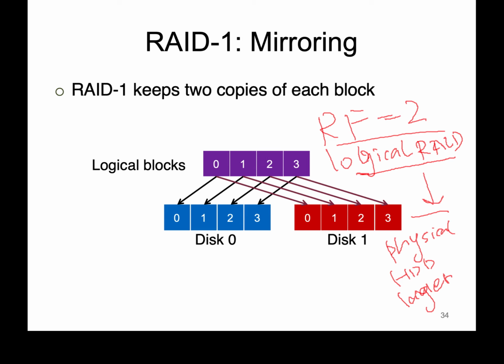Here this physical hard disk drive layer spans 2 disks. So the same amount of data gets duplicated twice. It first gets stored with a full set on disk 0, and then gets a mirrored image on disk 1. So this is why it's also called mirroring. This is the core, high-level idea of RAID 1.